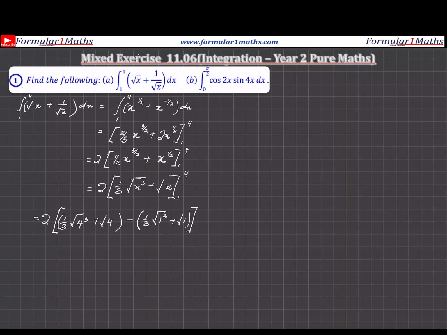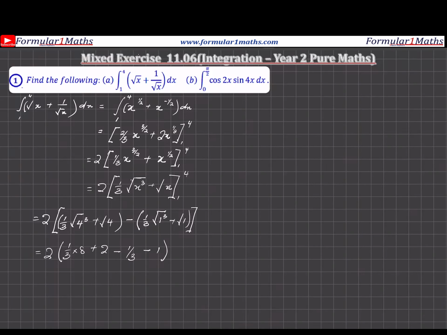And then that can be simplified to 2 brackets 1/3 times 8, because square root of 4 cubed is 8, and that will be 2 minus 1/3, because square root of 1 cubed is 1, and then minus 1. Square root of 1 is 1.